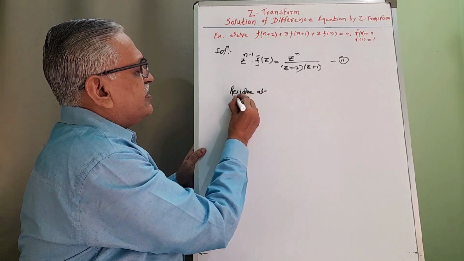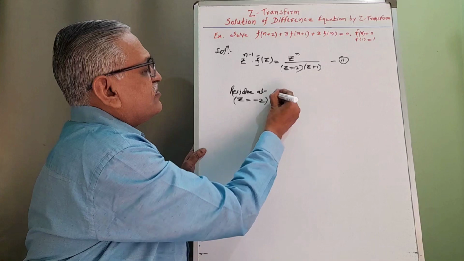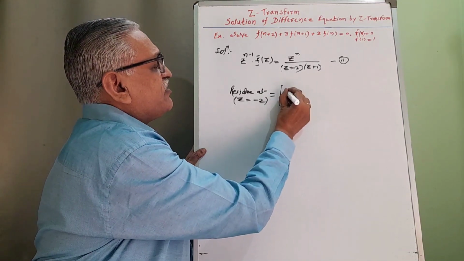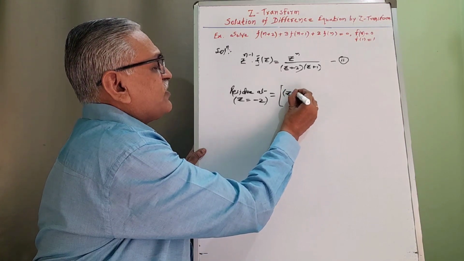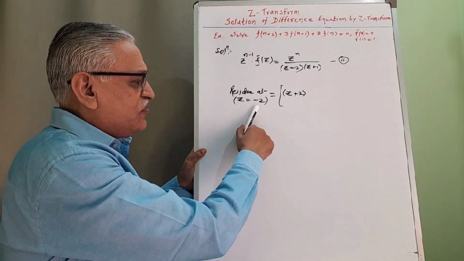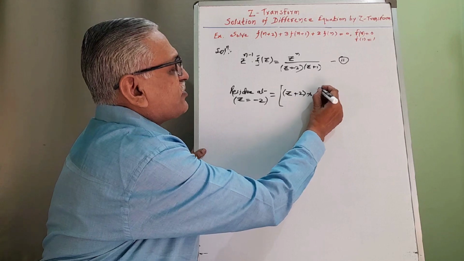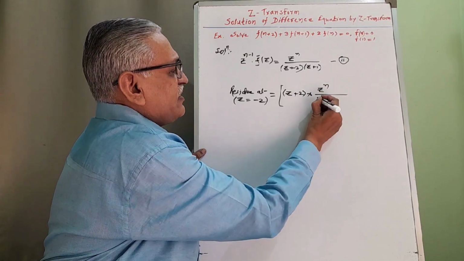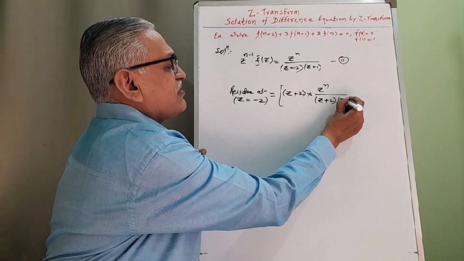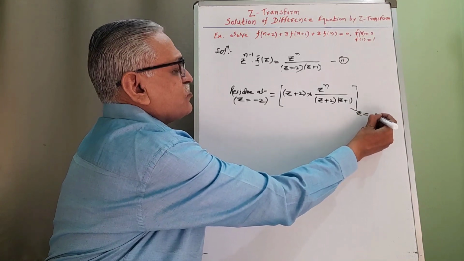Then first residue, that is residue at z is equals to minus 2. By the formula, as it is a simple pole, it is z minus a, here it is z plus 2, multiplied by this term, that term is z raised to n divided by z plus 2 into z plus 1 at z is equals to minus 2.